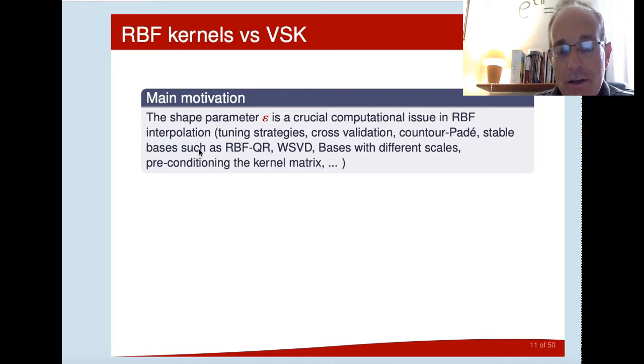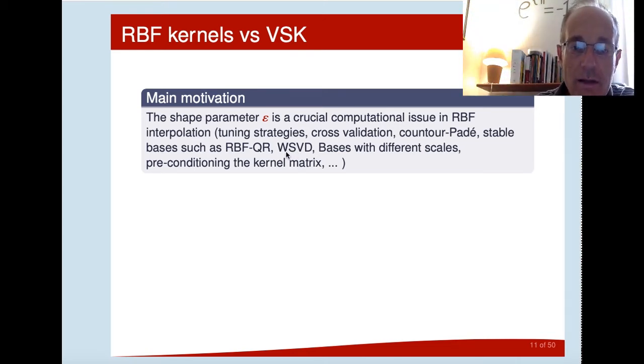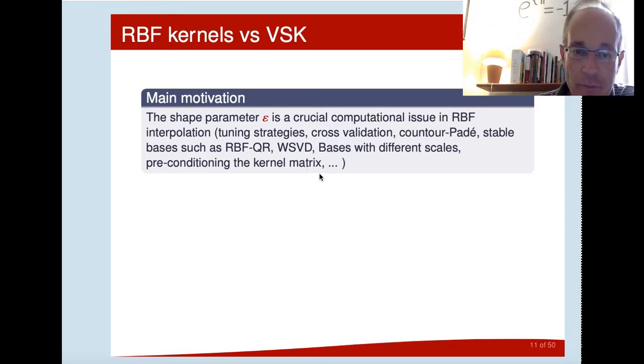But there are some numerical results that we explored, because I'm one of the co-authors, and these are the so-called weighted SVD bases. The weighted SVD bases are essentially bases obtained by using an SVD factorization of the collocation matrix, because every change of basis can be seen as the pre-multiplication by a change of basis matrix.